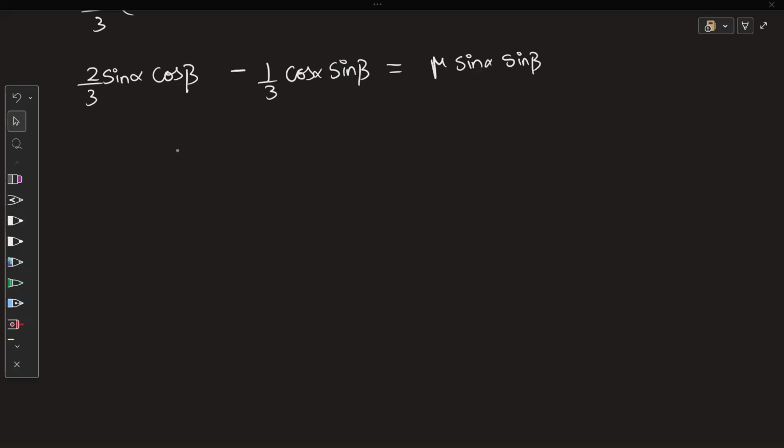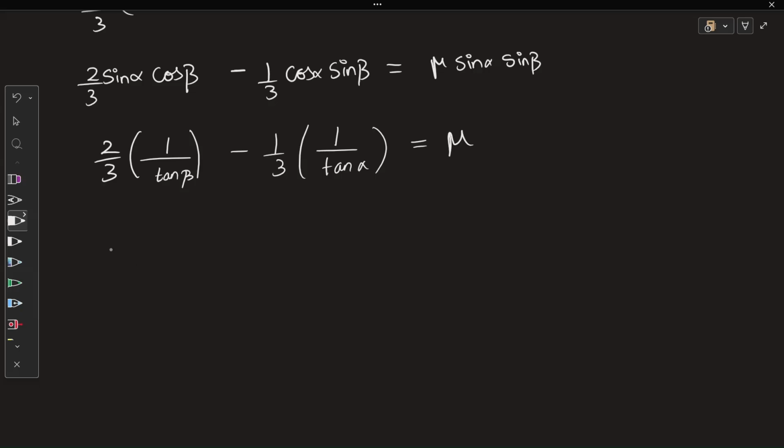So what you get is 2 by 3 into 1 by tan beta minus 1 by 3 into 1 by tan alpha, which is equal to mu. So 1 by 3 into 2 by tan beta minus 1 by tan alpha is equal to mu.